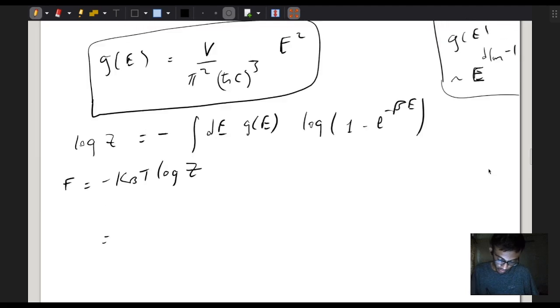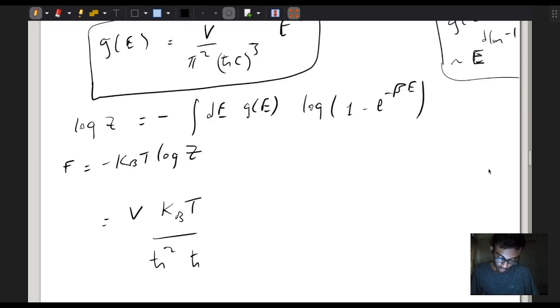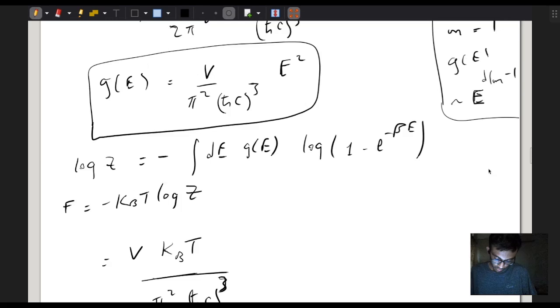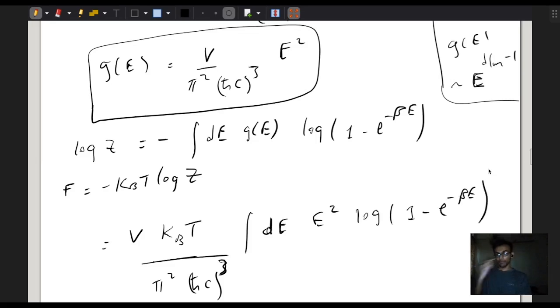So that's V times kBT by pi squared, h bar c whole cube, times the integral dE E squared log of 1 minus e to the minus beta E. Okay, so this is the free energy.